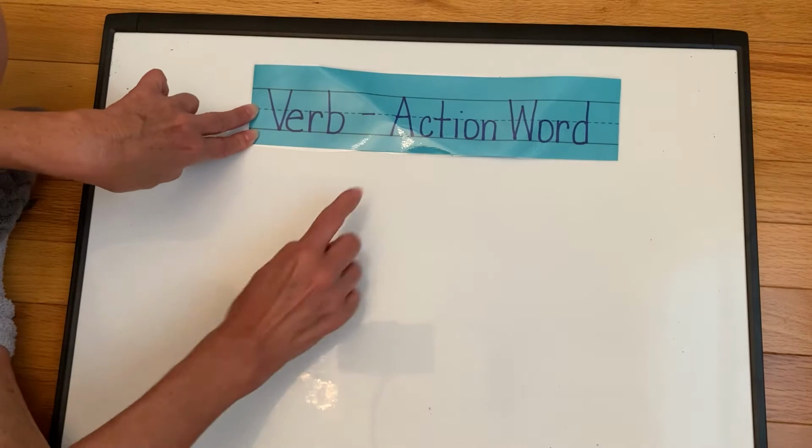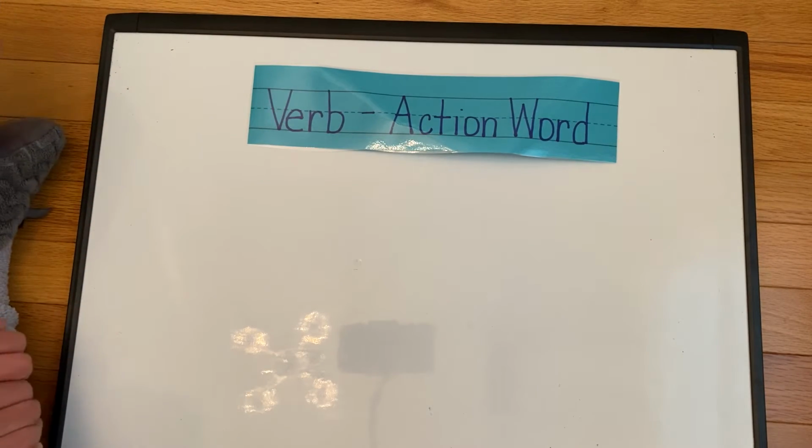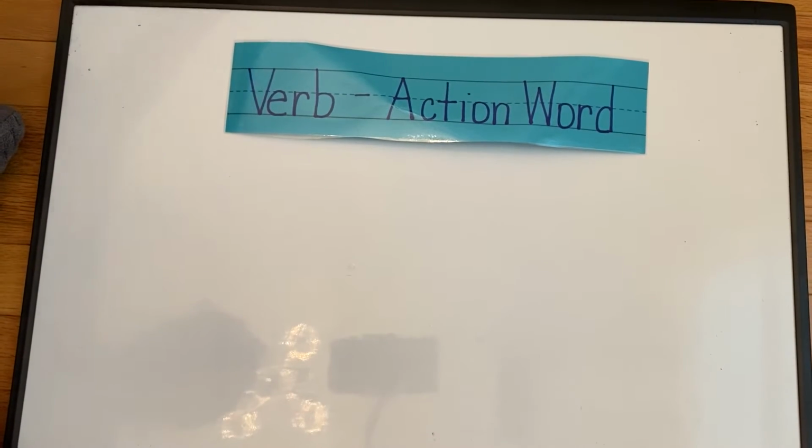And if you remember correctly, a verb is an action word. So let's talk a little bit about some of the action words that Miss Pam is going to show you. Action words are words that are in the telling part of the sentence.